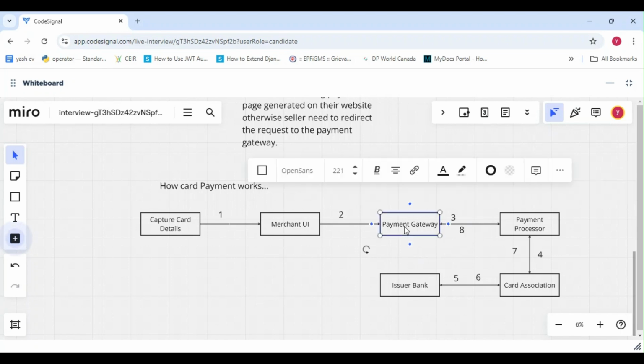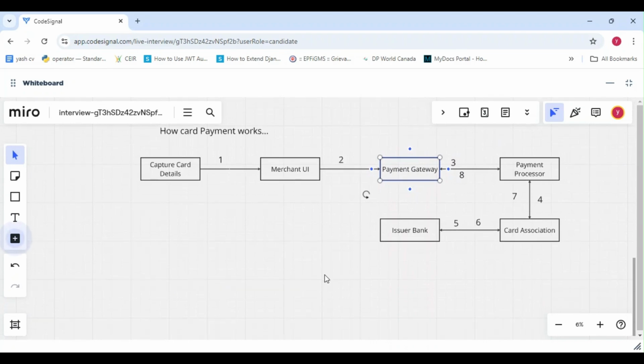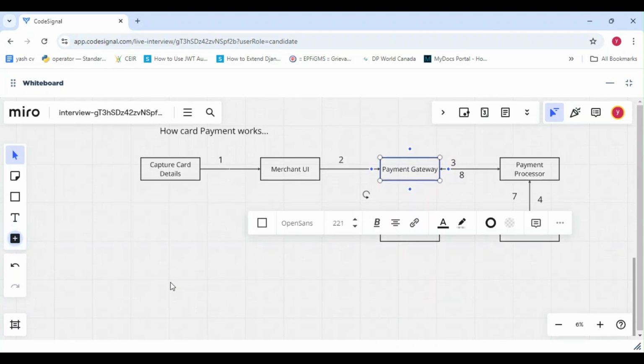The payment gateway will understand whether the payment was successfully made or not, so the merchant UI, or let's say the payment gateway, will display whether the payment was successful. So this is the flow of how card payment works. Now let's talk about the clearing and settlement service.